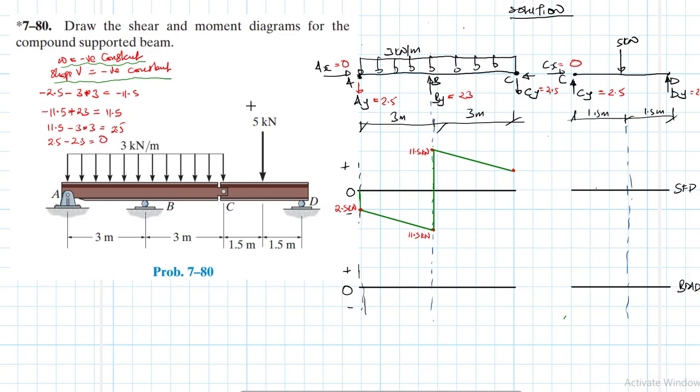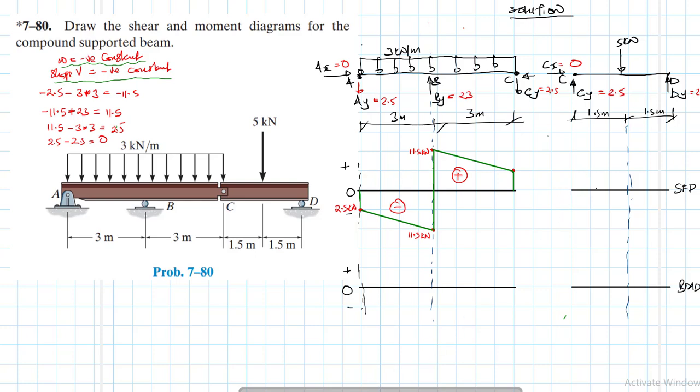Therefore, this closes at this point, and this is what we expect. If it fails to close, then something is wrong and you need to go back and check. So this is positive and this is negative. We are done for this one. Let's go to the next one.